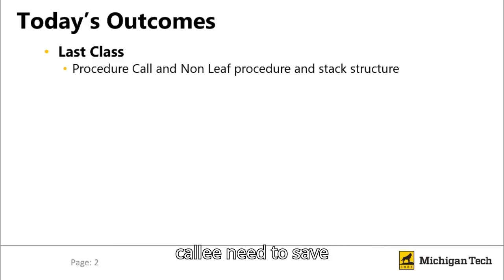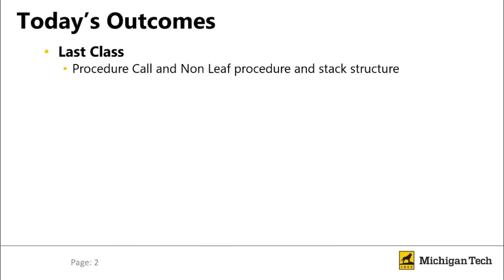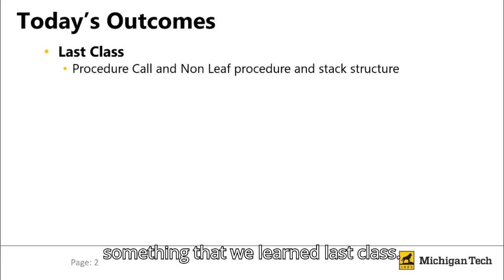And the callee needs to save callee registers, that are those saved registers, a stack pointer, a frame pointer, and the global pointer and the rest. So that was something that we learned last class.